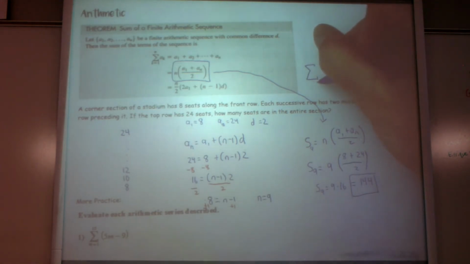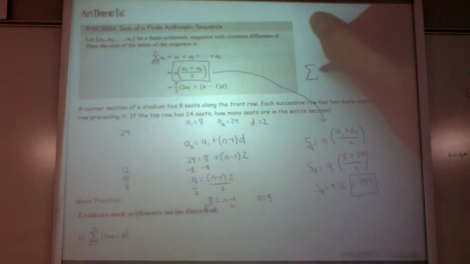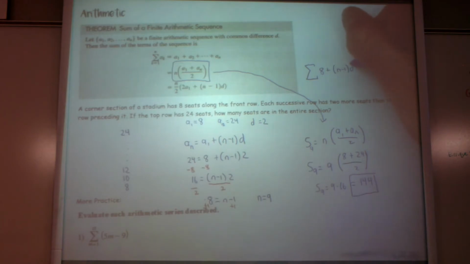What we were doing right here, what was our explicit formula? Let's think for the arithmetic sequence. Our explicit formula we've written down right here. But let's just plug in what we know here. So our first row we had 8, and then we did n minus 1 times d. And our common difference here was 2.